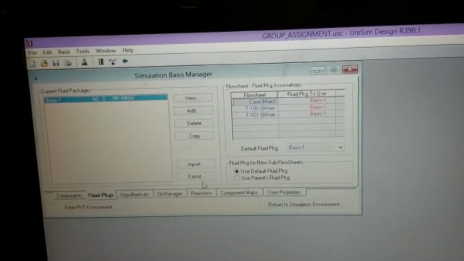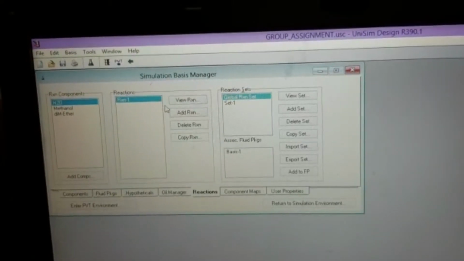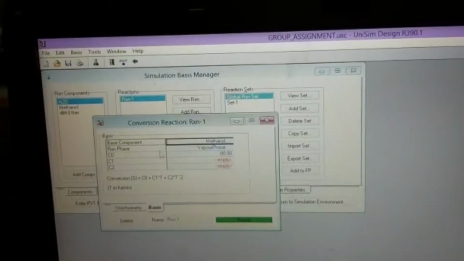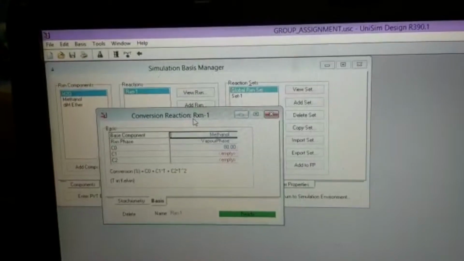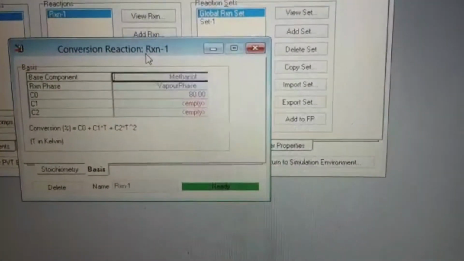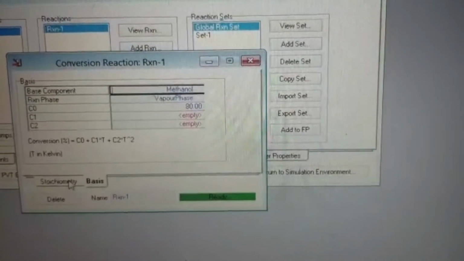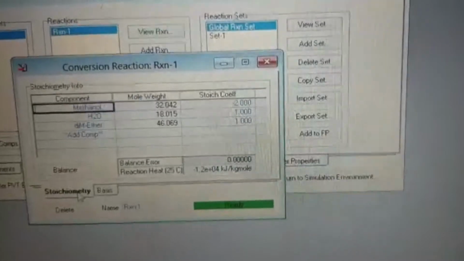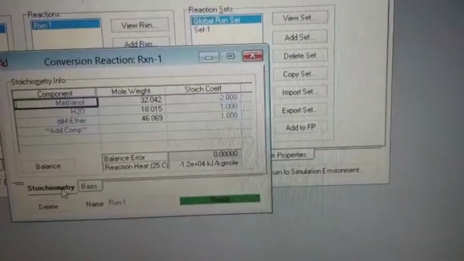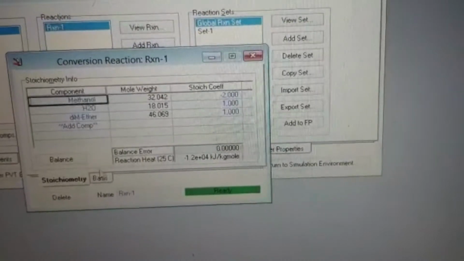Moving on to the reaction, we will be choosing the conversion reaction. As the base component is methanol, the reaction phase will be vapor phase and the conversion rate is 80%. As for the stoichiometric balance, methanol will be -2, water will be 1 and dimethyl ether will be 1.